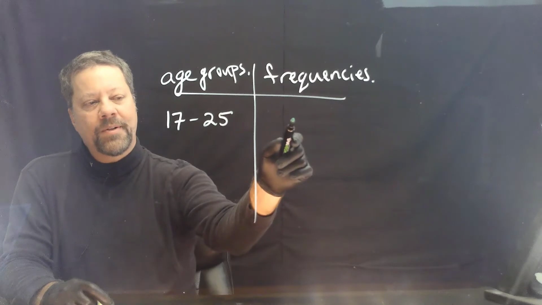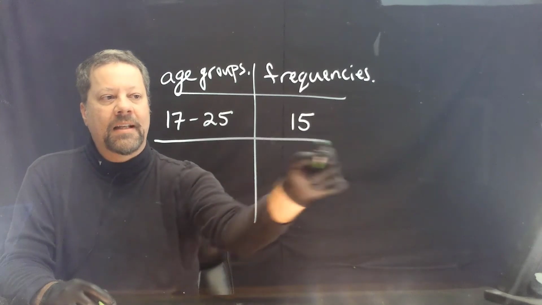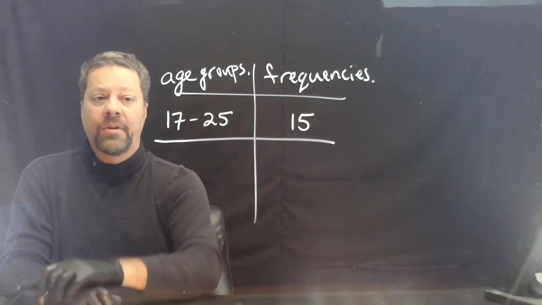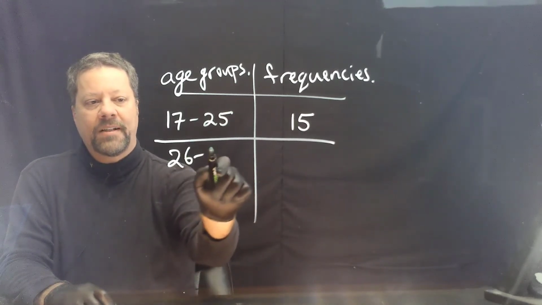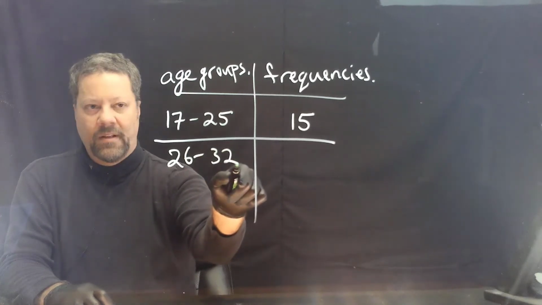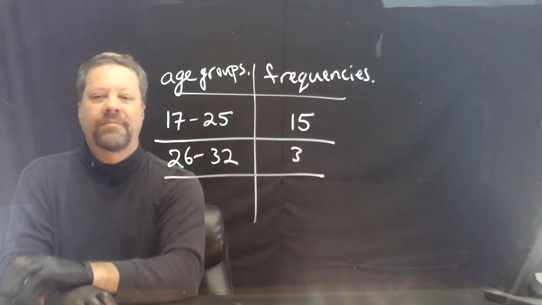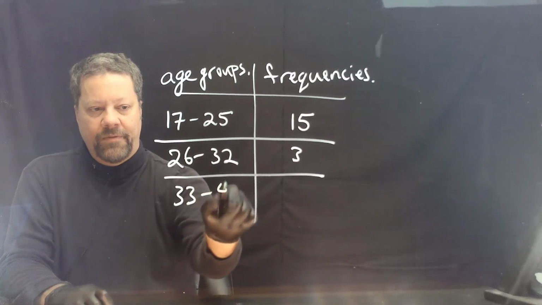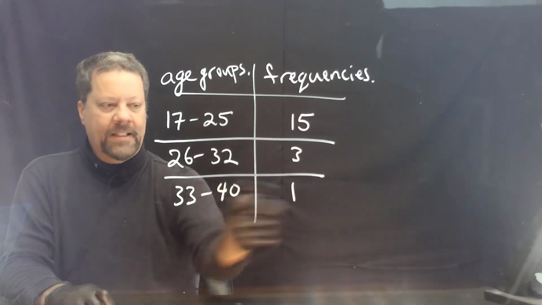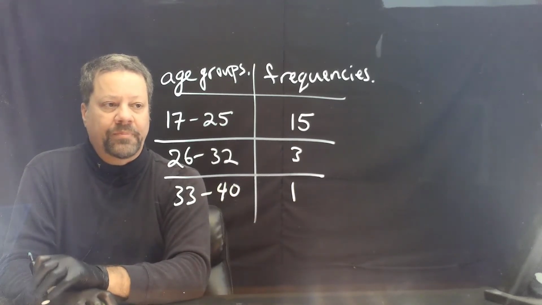We're going to suppose that this group has 15 individuals. The next group will go from 26 to 32. We'll suppose that we have 3 individuals in this group. And then from 33 to 40, let's suppose we have 1 individual in this latter age group.